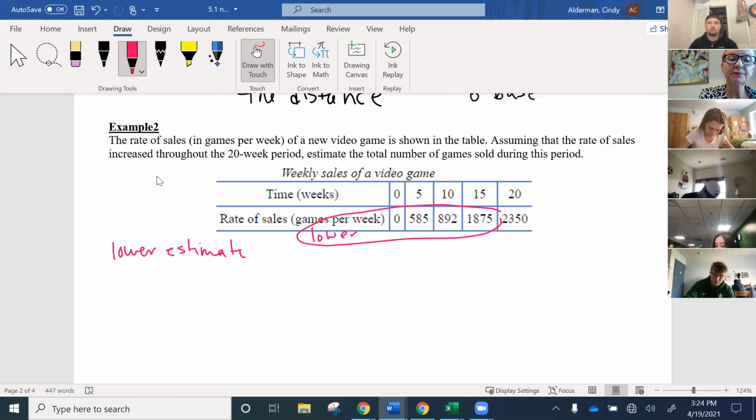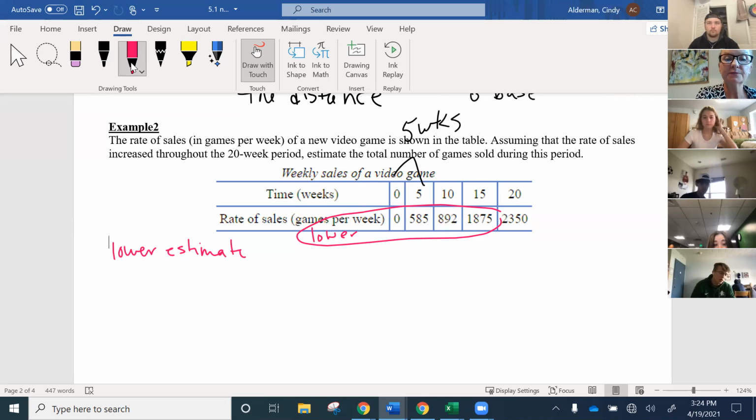So the lower estimate would be the 0. And what's it measuring? Like, how often is it measuring the games per week? Like in weeks, how many weeks at a time are they measuring? 5 weeks. Yeah, definitely. Thank you. 5 weeks.